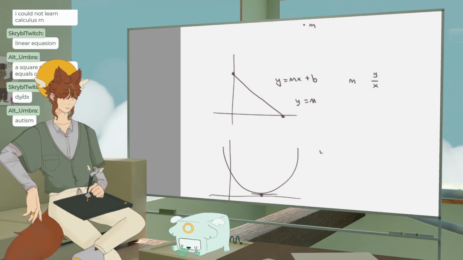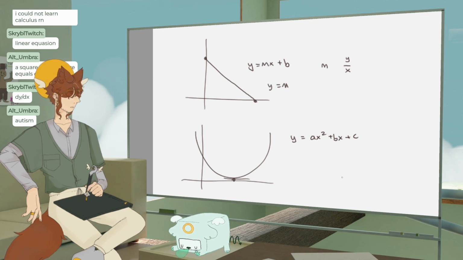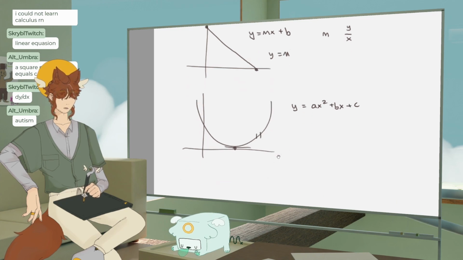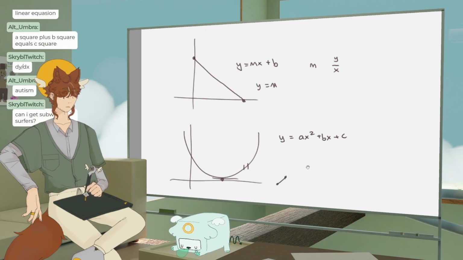The general form is y equals ax squared plus bx plus c. So what we can say is that when we look at a very small part of this parabola, it kind of looks like a line, right? So we can find the slope of that line.